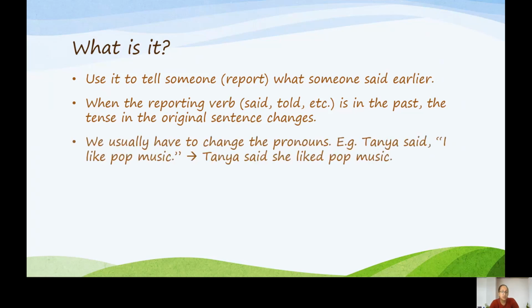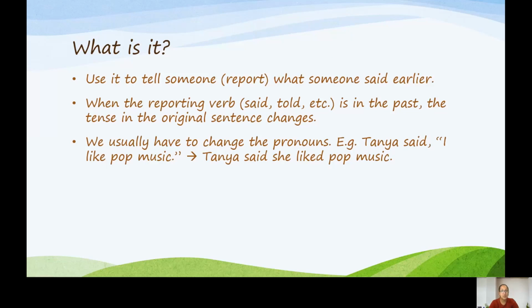We also usually have to change the pronouns that are used in the original sentence. For example, if Tanya said, "I like pop music," when we report it, we say, Tanya said she liked pop music. Because you can't say I when you say Tanya said, because you are not Tanya.